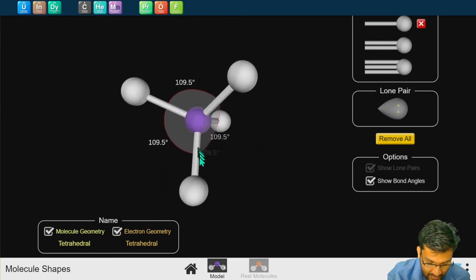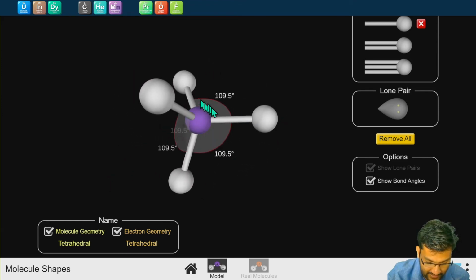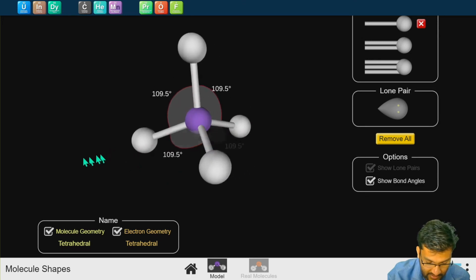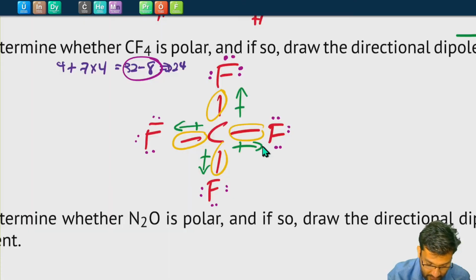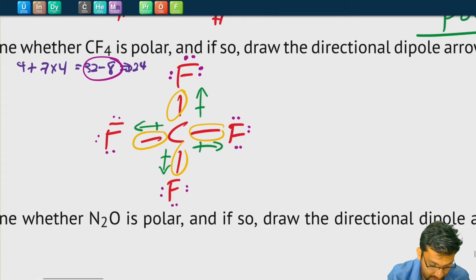Do you see that? So they're all going to pull on each other in the opposite direction, and they're going to perfectly cancel because all the bonds are the same angle away from each other. So these are going to pull equally in all directions, and CF4 is going to end up being non-polar.